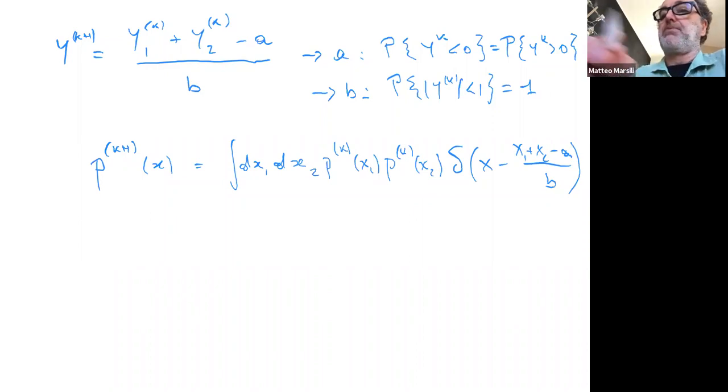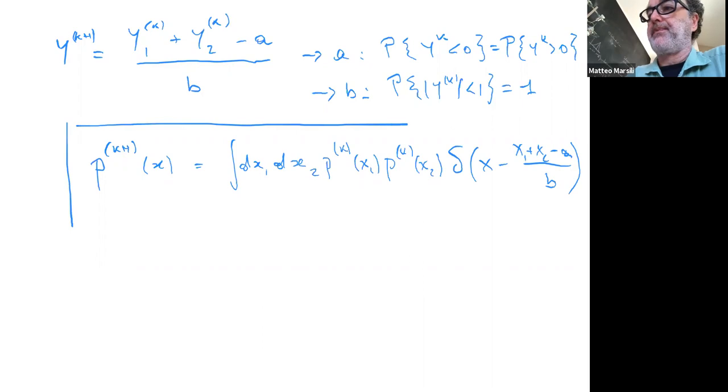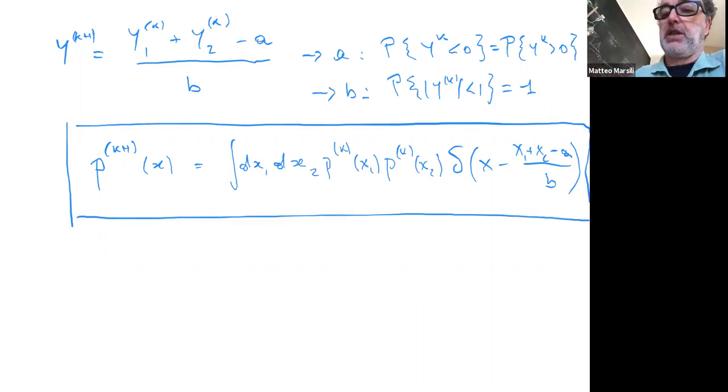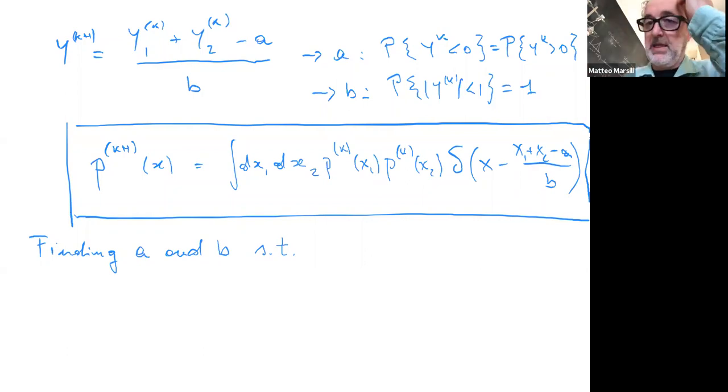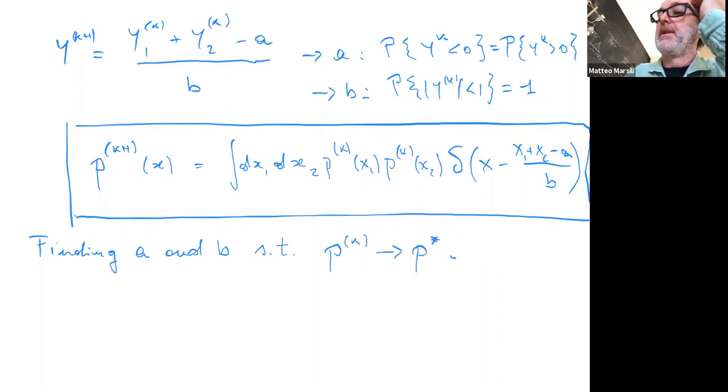Now the problem of finding the limit, solving our original problem, is equivalent to the problem of finding A and B such that p_k converges to a distribution P star as k goes to infinity.